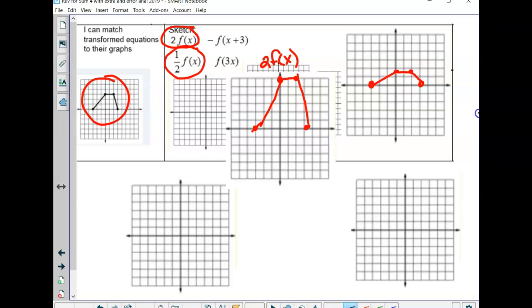All right, then we get the nastier ones. What about this one? So it goes left 3. So this one that used to be at -3 is over at -6. The one that used to be at 3 is now at 0.